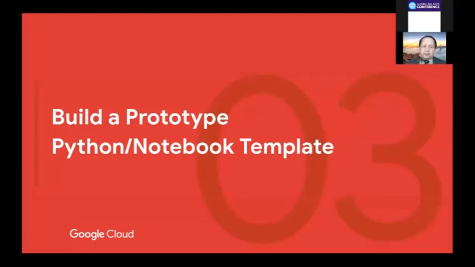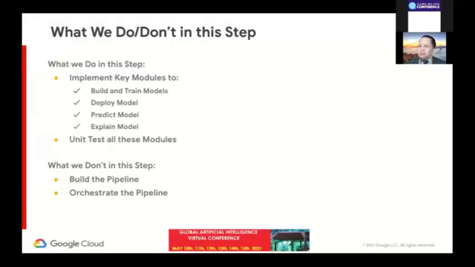So going back to the Python notebook, we'll build the key modules: build and train the models, deploy the model, predict with the model, and explain the model. In this step, we are not going to build or orchestrate the pipeline. This is when we are just building the prototype.